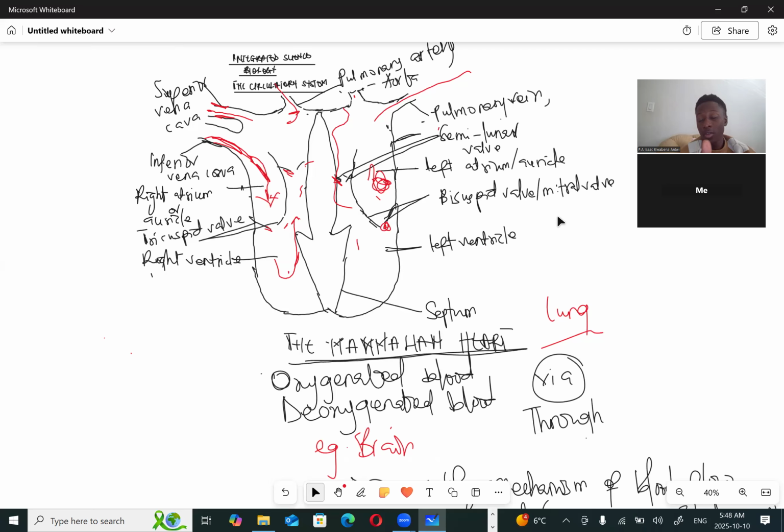To the right atrium. Let's be specific. So repeat. It allows the deoxygenated blood from the lower part of the body to flow to the right atrium. I wouldn't want to ask you these questions some other time and you'll be giving me the same mistakes.